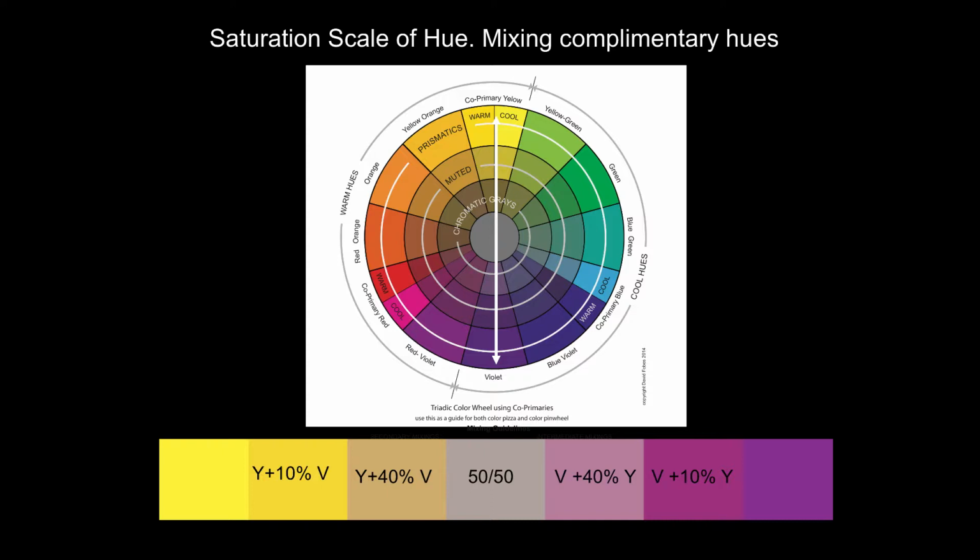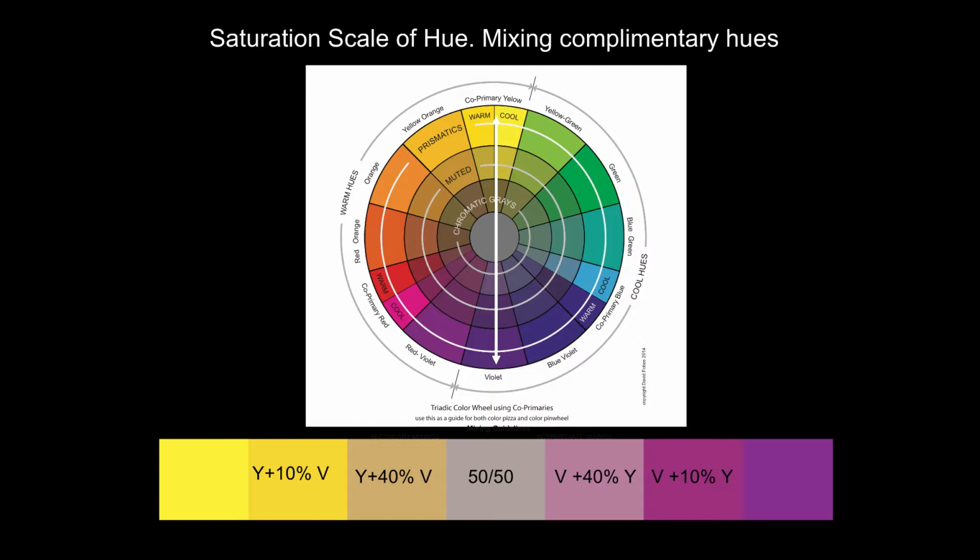So if we look at the scale underneath the color wheel here, if we take the yellow and we start mixing 10% of violet in it, we get this muted yellow. When we mix about 40% of violet into it, we get a chromatic gray of yellow. And if we mix them absolutely equally, we should get an absolute neutral gray.